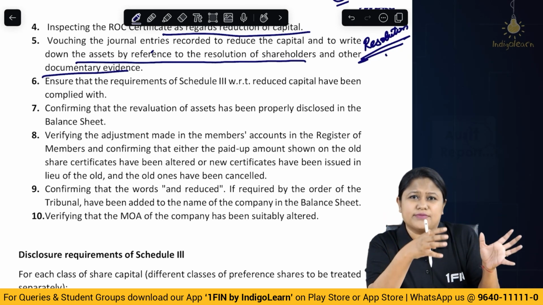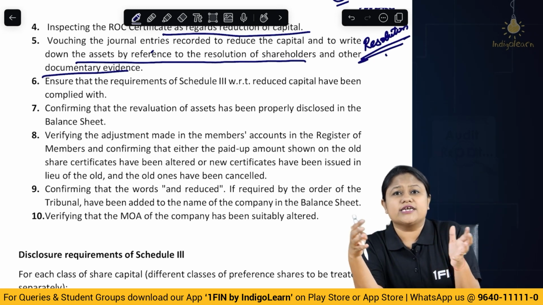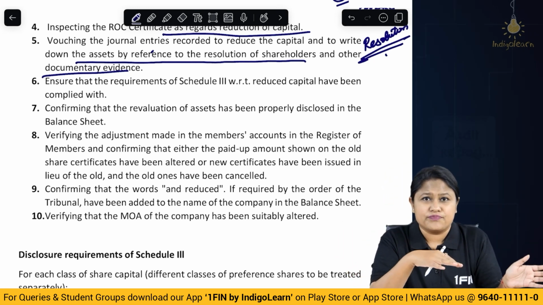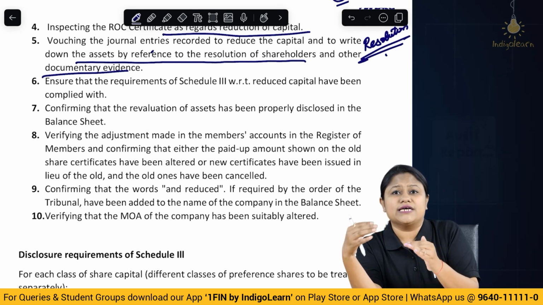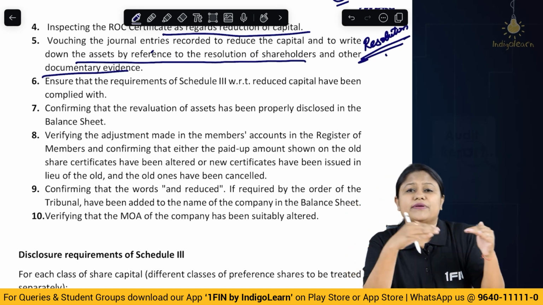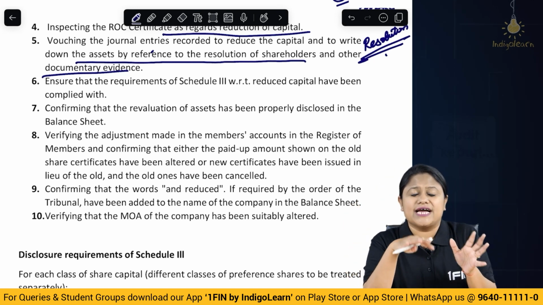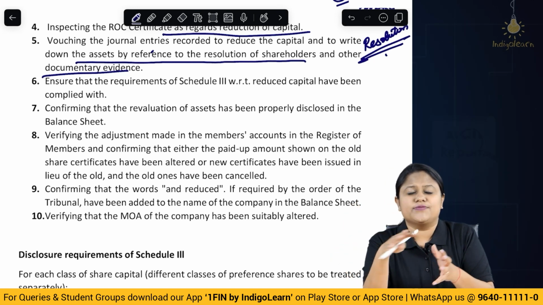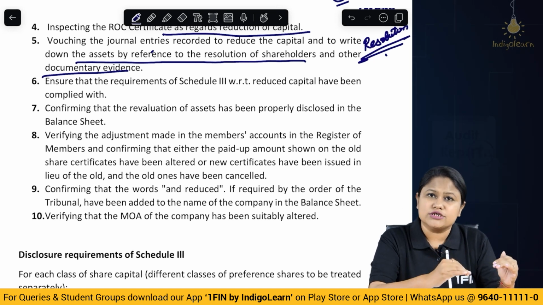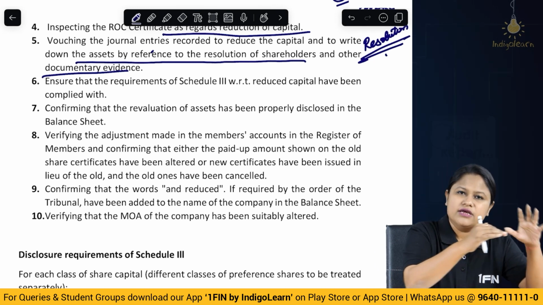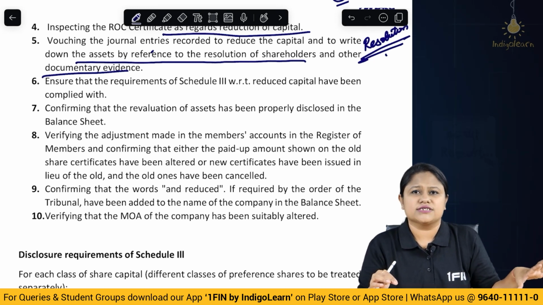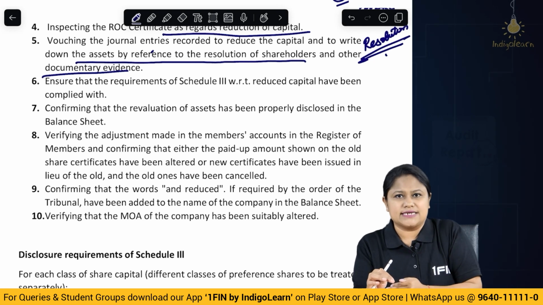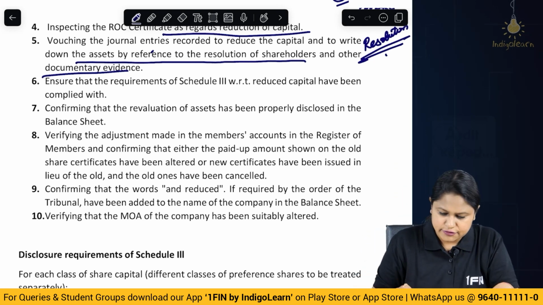To come to a correct picture. So I told you when there are accumulated losses, so these all have to be written off. When there are intangible assets overvalued, they also will be written down, correct? So we have to see as per the resolution, reduction has been done for what all purposes, and based on that the accounting has to be done accordingly. Writing off of the accumulated losses, writing down of these intangible assets, correct? All of these have to be taken care of, correct?